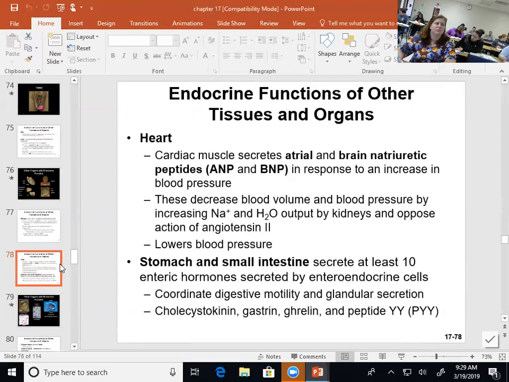The kidneys target red bone marrow so that the stem cells in the red bone marrow become erythrocytes. We said the liver produces thrombopoietin, a hormone that targets the red bone marrow stem cells to become platelets. Thrombocytes are platelets. You would want to know that.